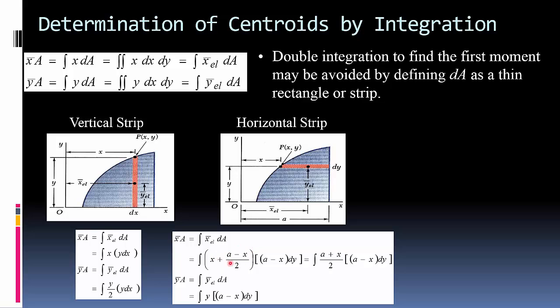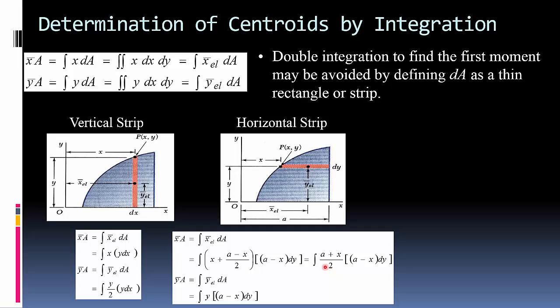You can simplify this. This is a little thing that they do in the book, and they never justify it, and it used to drive me crazy until I worked it out this way. But x plus (a minus x) all over 2 ends up being equal to (a plus x) over 2. So to me, this is the easier way to see what's going on, but this is definitely the easier way to do the math.